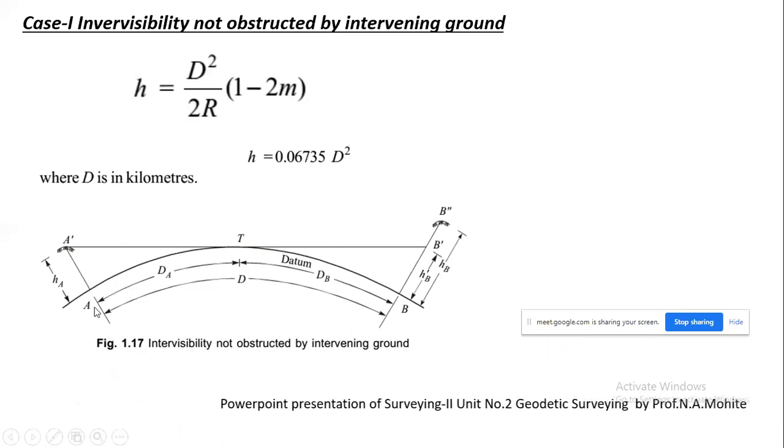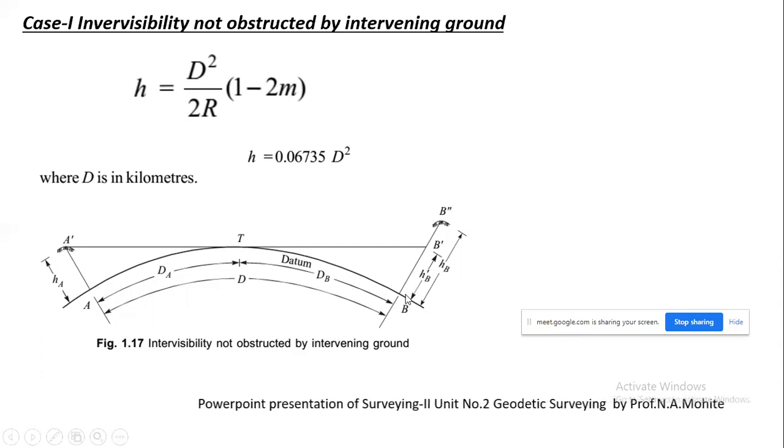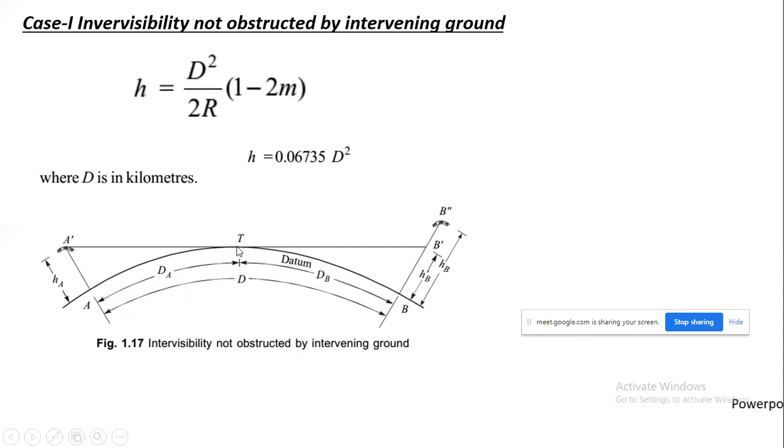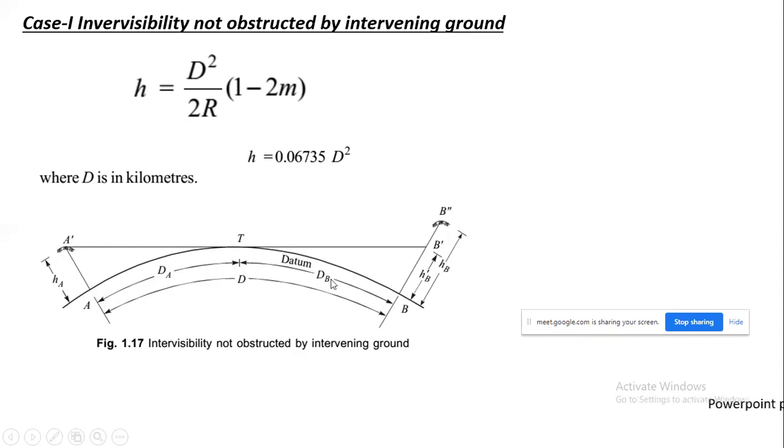Take an example. We have drawn such a sketch in Surveying 1. Suppose A is the point located here and B is the second point, and this is the point of tangency. DA is the distance from the instrument up to A, and DB is the distance from the instrument up to the second point. The total distance D is DA plus DB.